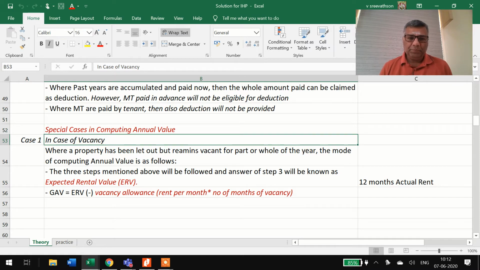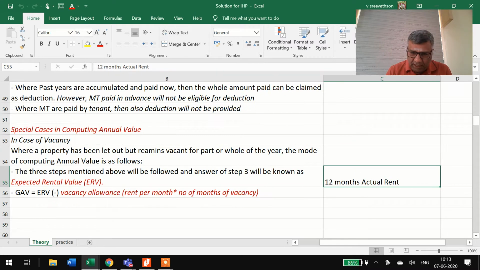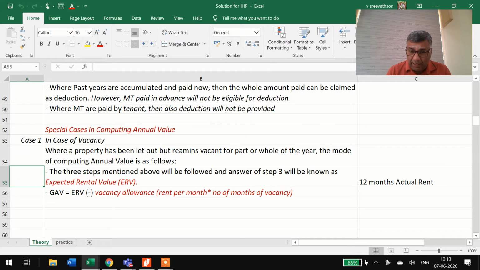Vacancy: where a property has been let out but remains vacant for part or whole of the year. The mode of computation is as follows. The answer of step 3 will not be known as GAV, it will be known as expected rental value, and I will take the actual rent for the entire 12 months.